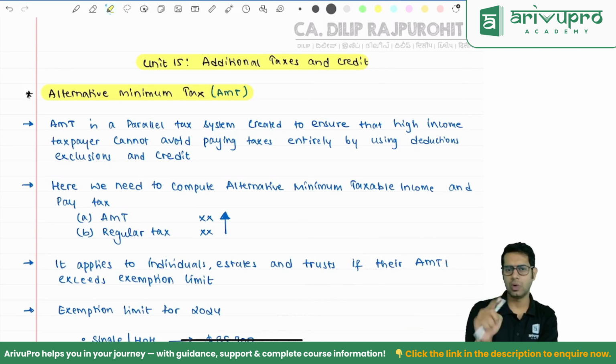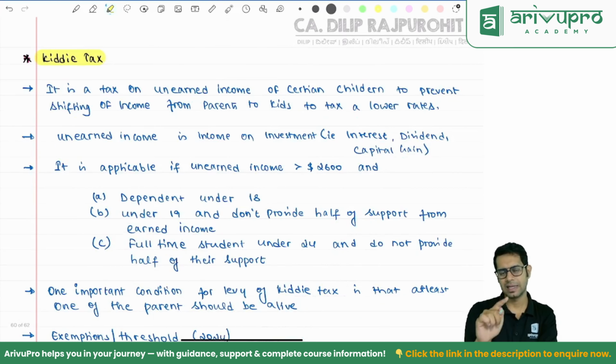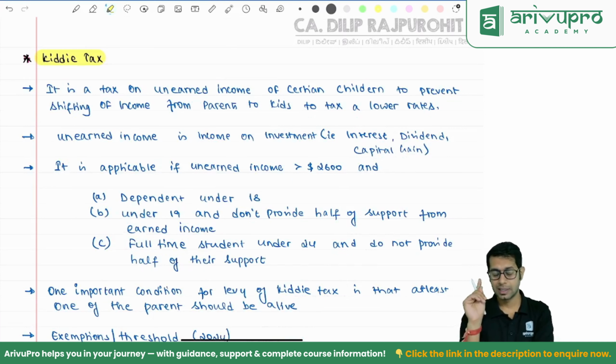And then we studied about kiddie tax. Kiddie tax is when your child has an unearned income. On that unearned income of the child, the parent's tax rate is applied, so that the child also pays the tax at whatever the tax rate is applicable to parent. Why is this made applicable, sir?